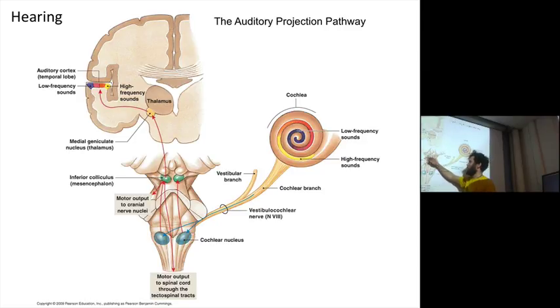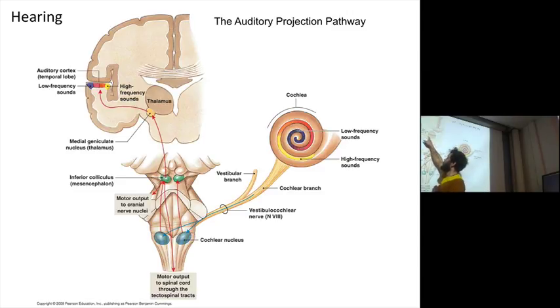We get efferent projections to the cranial nerves, but we have ascending fibers that come up to the geniculate nucleus in the thalamus. Remember, for sensory information to register in your brain, what has to happen? You have to have a synapse in the thalamus. Okay? You have to have a synapse in the thalamus.